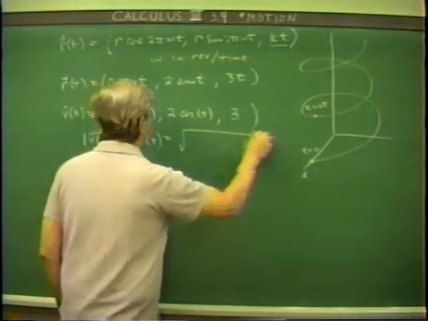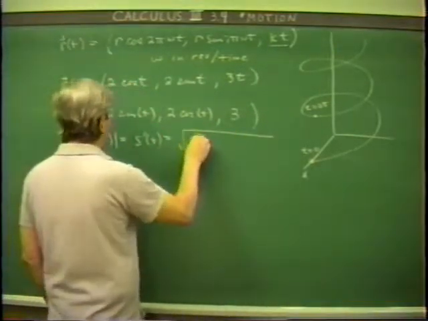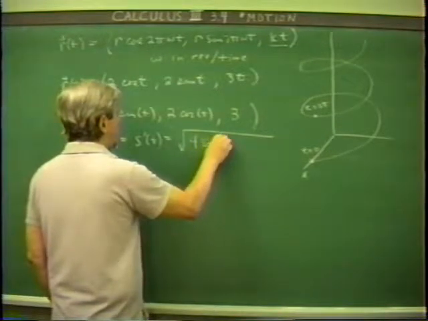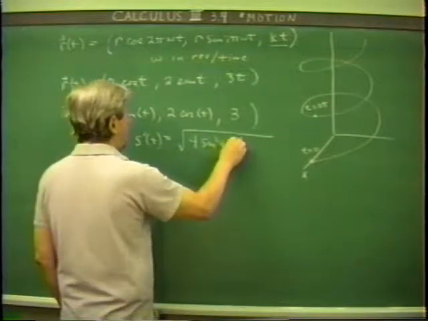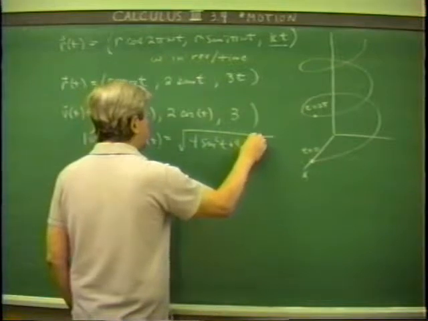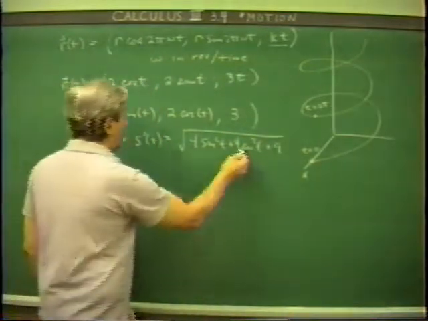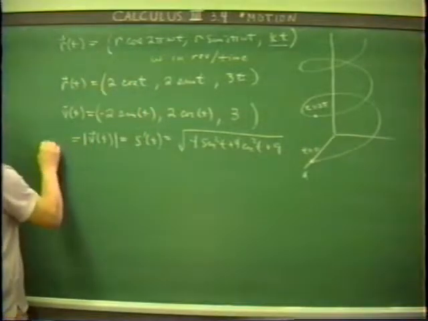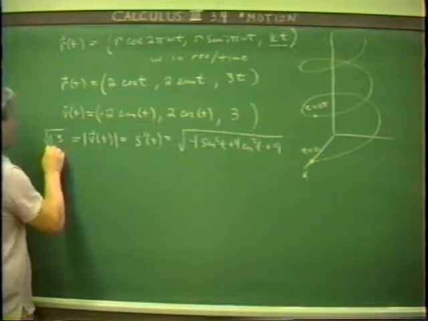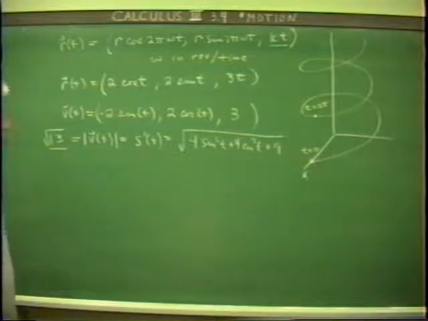The speed is going to be the square root of 4 sine squared t plus 4 cosine squared t plus 9. Since sine squared plus cosine squared is equal to 1, this is the square root of 13.